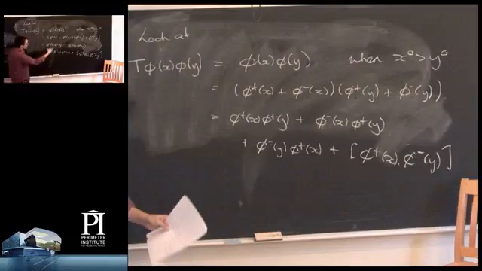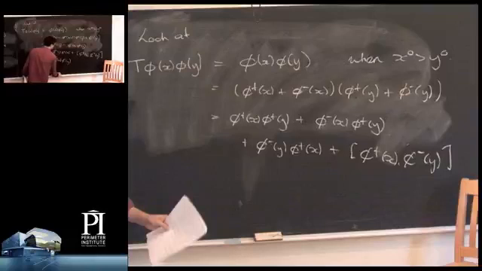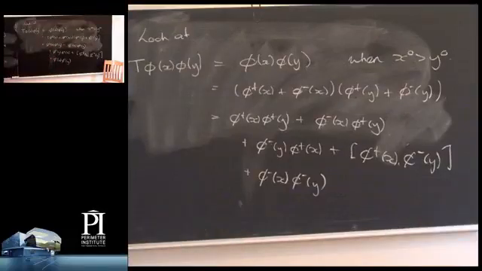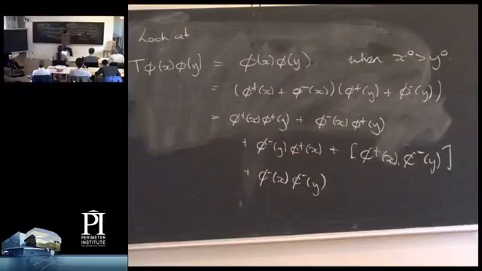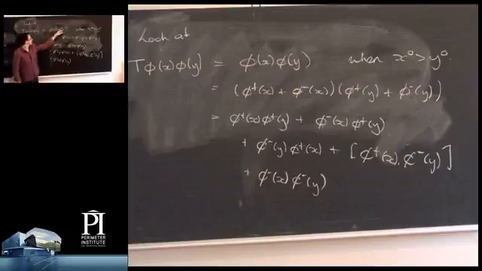And then finally, there's the term with no phi pluses, and you can't do much about that, so that's just phi minus of x, phi minus of y. All good? So what have we got? This is the definition of the normal-ordered product of phi x and phi y. And what we're left with is this commutator.